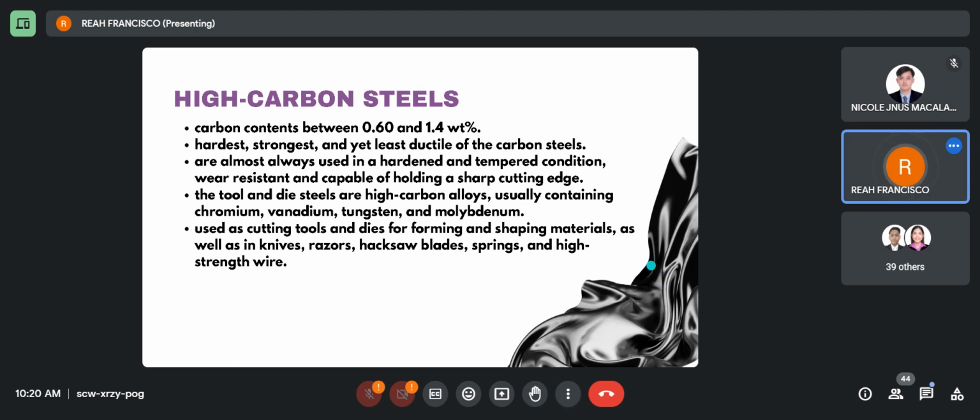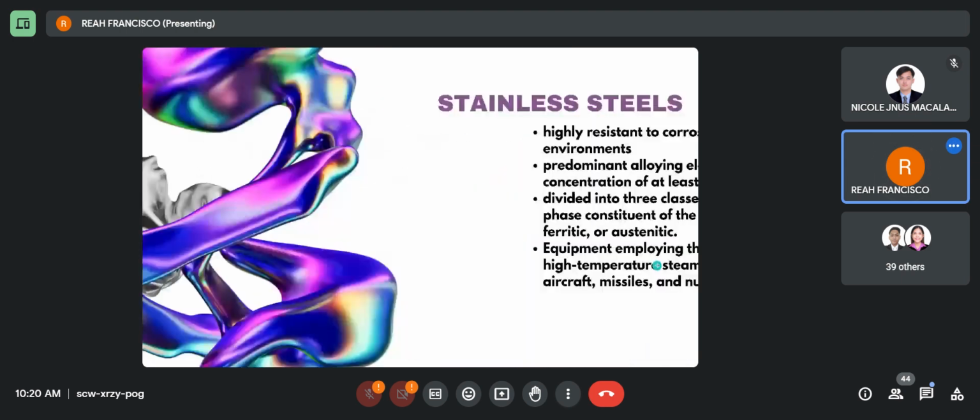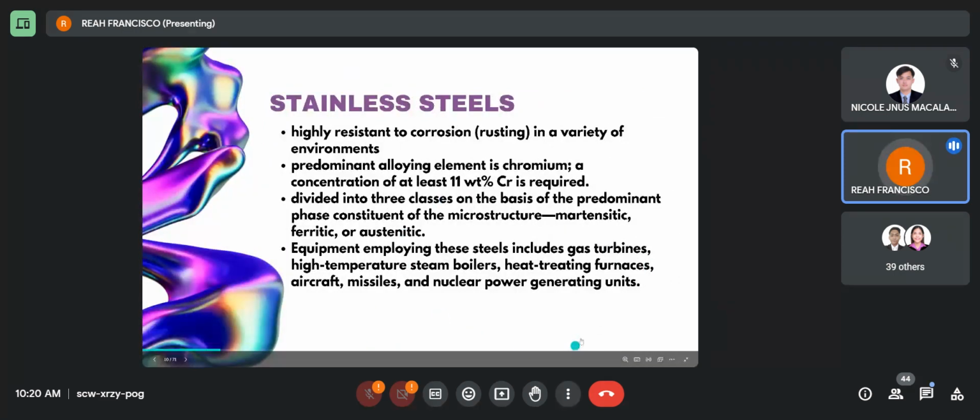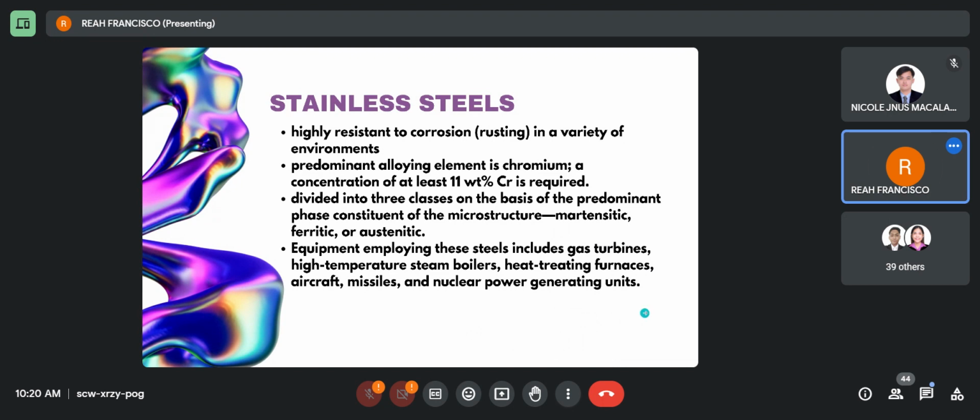And lastly po is stainless steels, which is within the high alloy. And stainless steels are highly resistant to corrosion or rusting in a variety of environments. Mostly po sa ambient environment po.